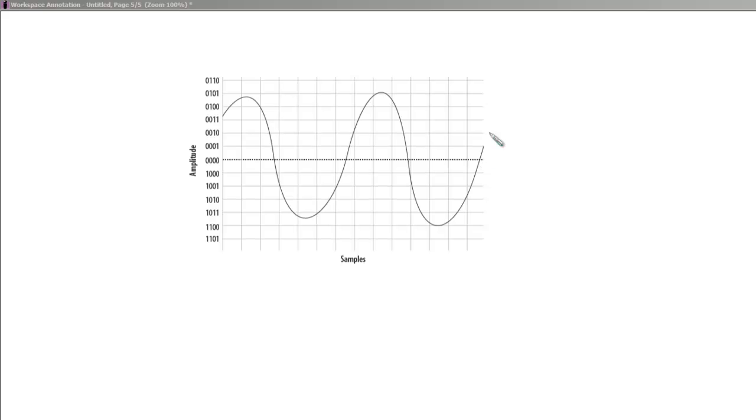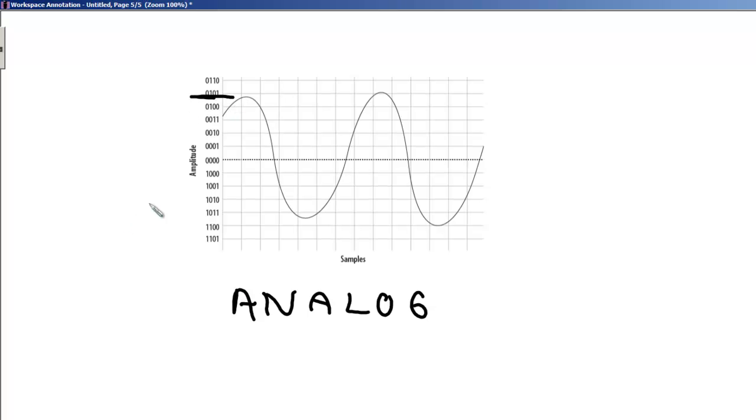This is an analog signal, meaning its intensity or its value varies over time. So it's very high here, it crosses zero here, very low, something in between here. So over the course of time, this analog signal's values or intensity changes.